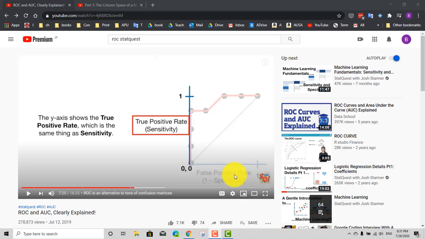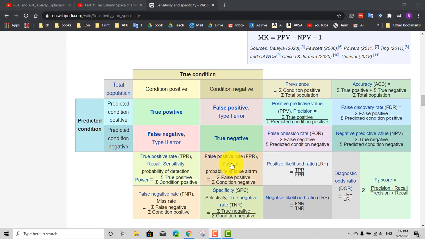So remember, what does that mean? The false positive rate is this column. We're working with this column, so the ones that are truly negative.